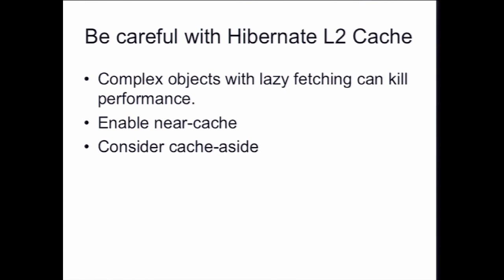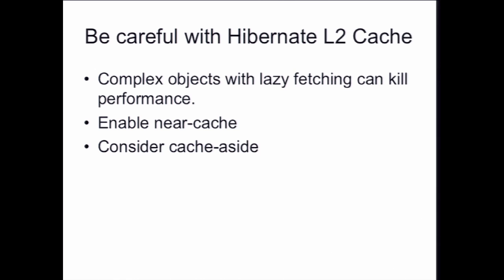Be careful about the Hibernate second level cache. Because if the objects that you're caching or using with Hibernate are very complex, then lazy fetching might kill you if you're using a second level cache, because each object in the hierarchy will be calling a cache to get the value.